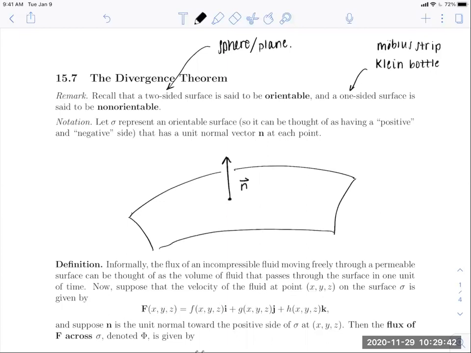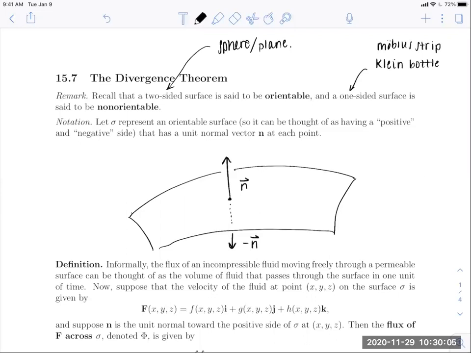So here's a patch of a plane. And then we can also have a downward normal. And we would denote that with negative n. All right. So we're always talking about orientable surfaces with a positive and a negative side where we can attach this unit normal vector at every single point on the surface.